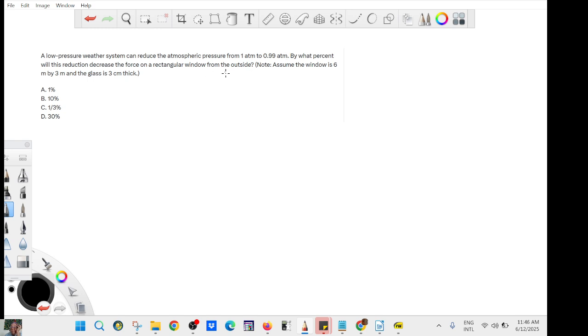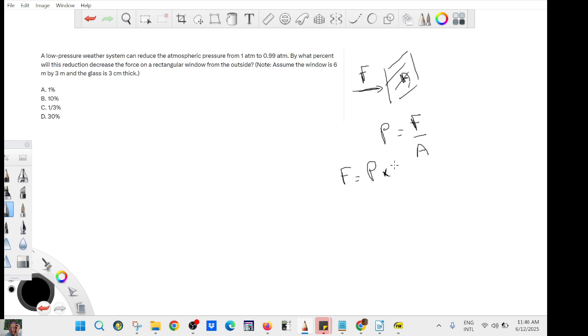This refers to the definition of pressure. If you have an area A, there is a force applied here. The pressure is the force per unit area.